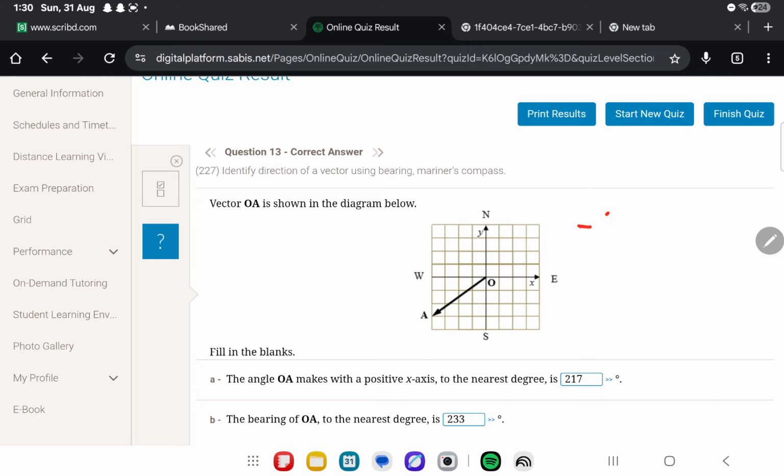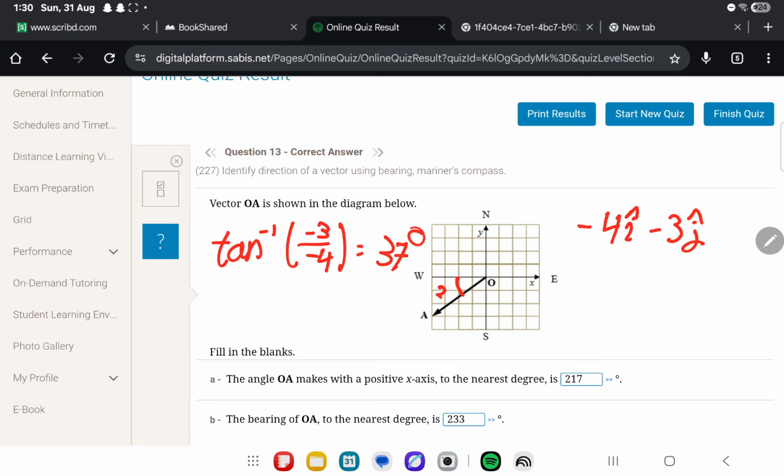Our vector is negative 4i minus 3j, right? This is our vector. So to find the angle that it makes with the x-axis in general, we just do tan inverse of negative 3 over negative 4. This gives me 37 degrees. Now, this 37 degrees is this.